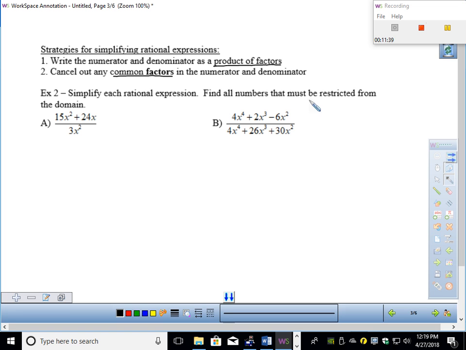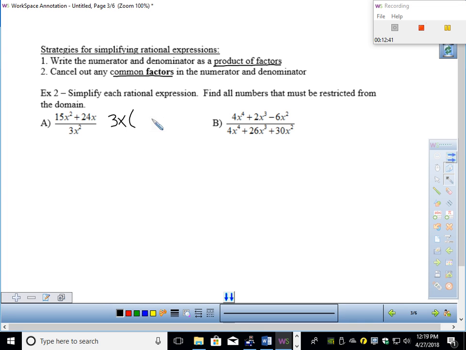So as we dive into letter A, I look at this up here, and it's just two terms separated by the addition symbol. So it's a quadratic in standard form. And I'm looking for a greatest common factor pattern where I can pull out a 3 from each of those and an x from each of those. So it looks like the greatest common factor from my perspective is going to be 3x.